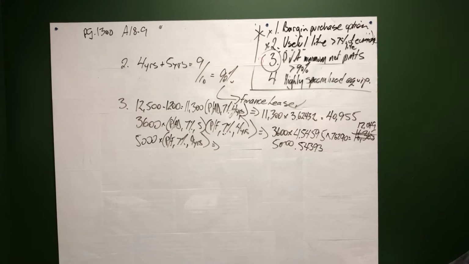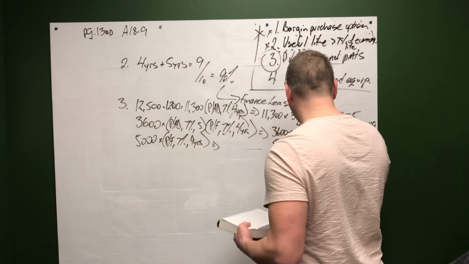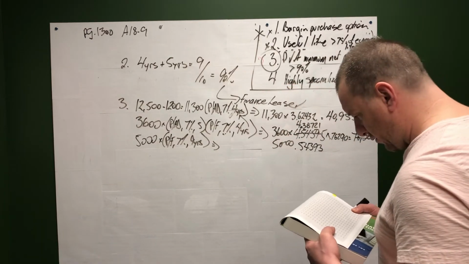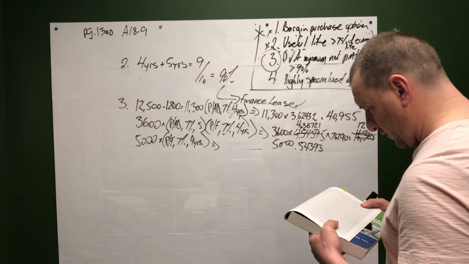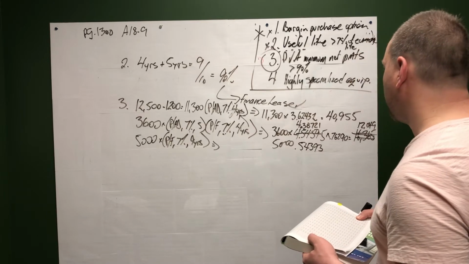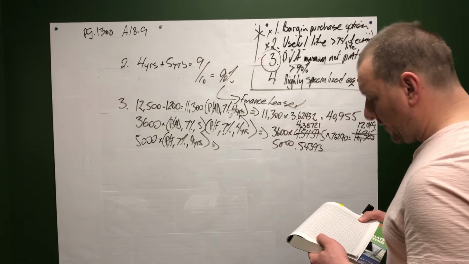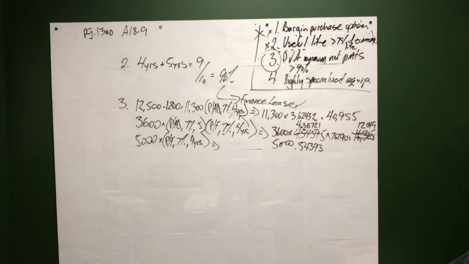I don't even know why I used that other number. Where did this 4.545 come from? I have no idea. Oh, I used 5% at 5 years. That's obviously going to be wrong. I needed 7% at 5 years, not 5% at 5 years. So that should get us the required number.